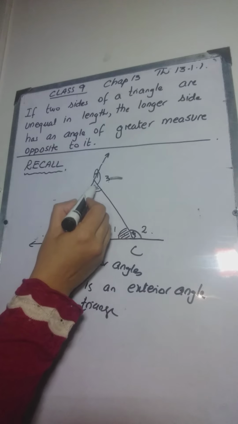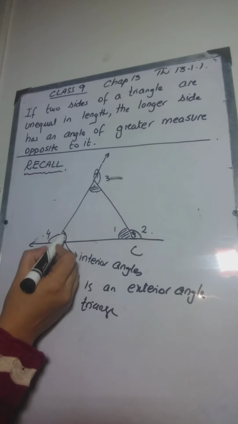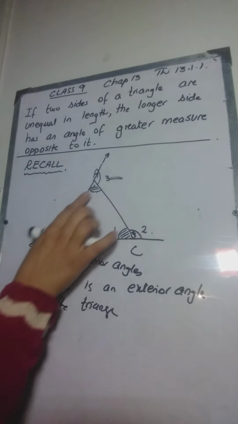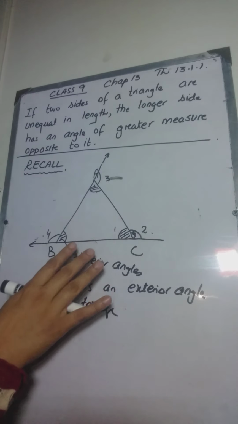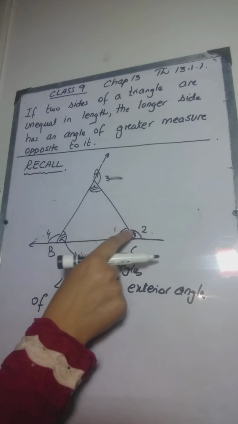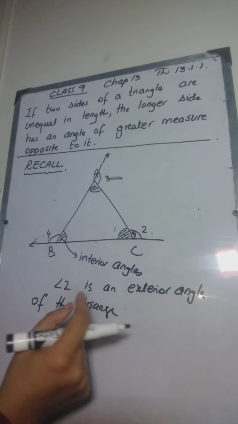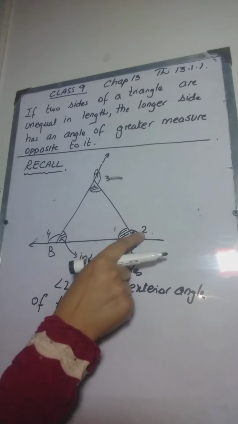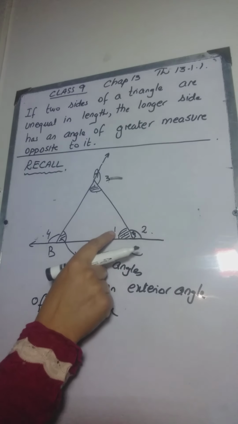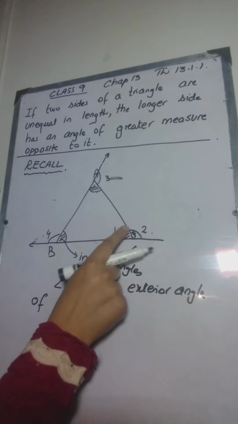Now the angles inside the triangle are called the interior angles. 1, 2, 3: these three angles are interior angles, and the angles which make 180 degrees with them, or you can say which are supplements of these angles. For example, the supplement of 1 is 2 because their sum is 180.